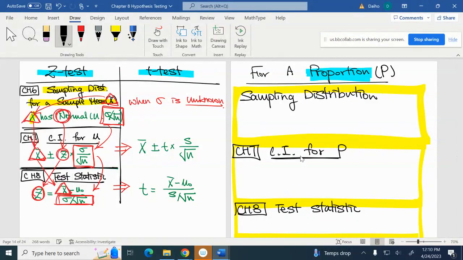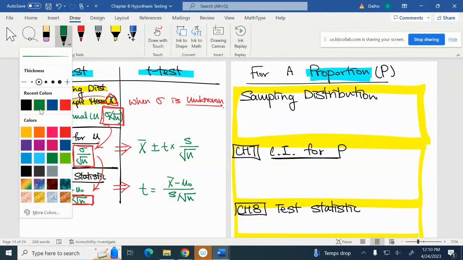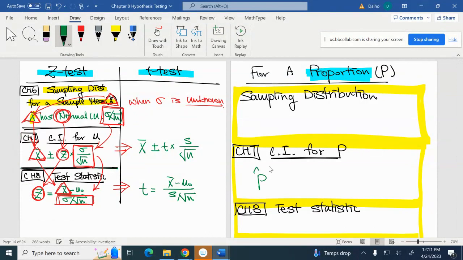Please remind what the confidence interval was first in chapter 7. The confidence interval was P hat, plus or minus, and always we use the z-score times square root of P hat, Q hat over n.